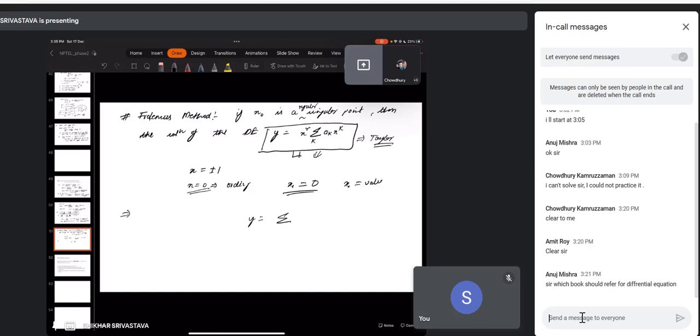Suppose you don't have this equation. One more thing: this is the Frobenius method, which is slightly different from the power series method. In the power series method, we don't have this term x to the power r, right?